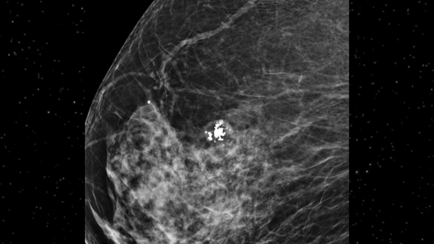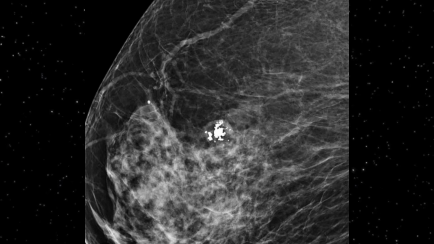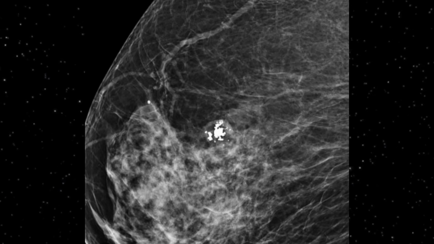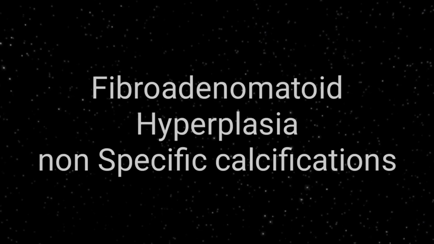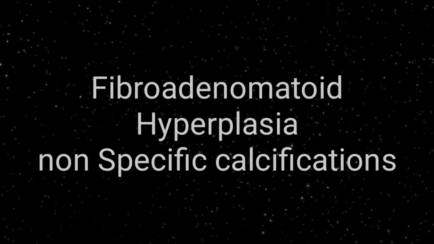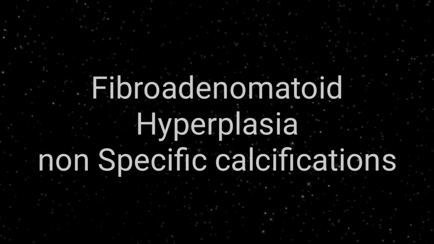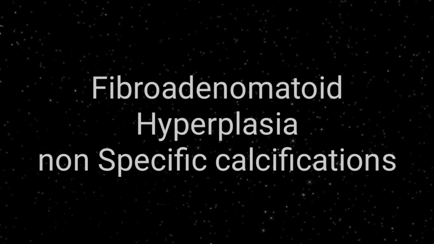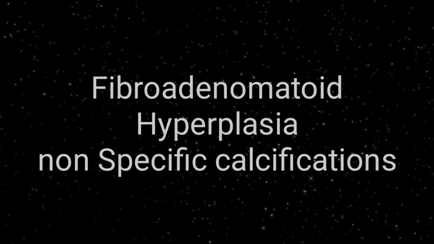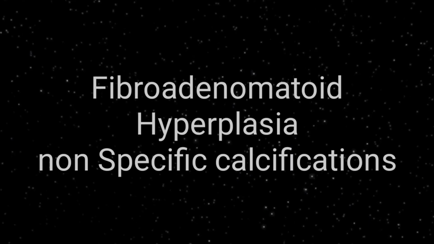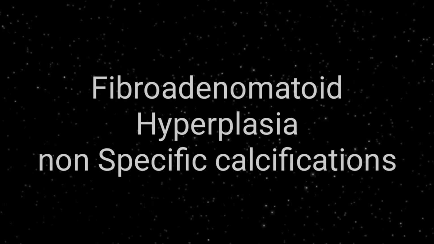So menopausal patients will have a fibroadenoma and it will give rise to popcorn calcifications. There are some other calcifications that occur especially in fibroadenomatoid hyperplastic conditions, where you will be able to see some microcalcification, but these microcalcifications would be of non-specific appearance.